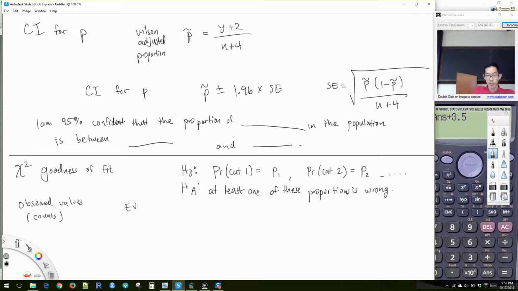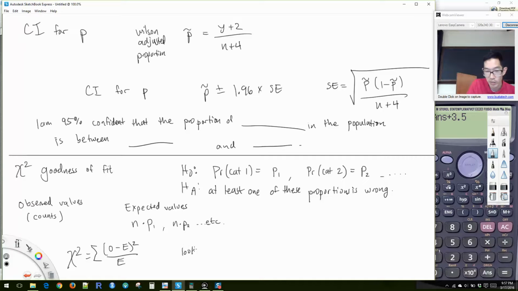And then the expected values, which is going to be basically your n times P1, n times P2, etc. And then your chi-squared statistic is observed minus expected squared over expected, summed up.